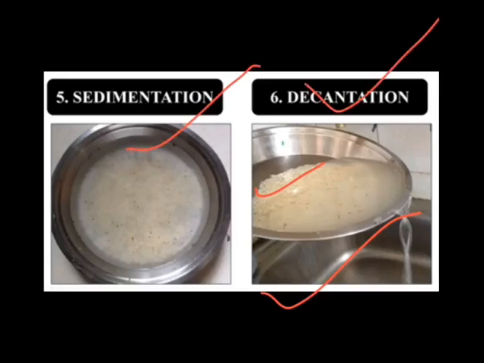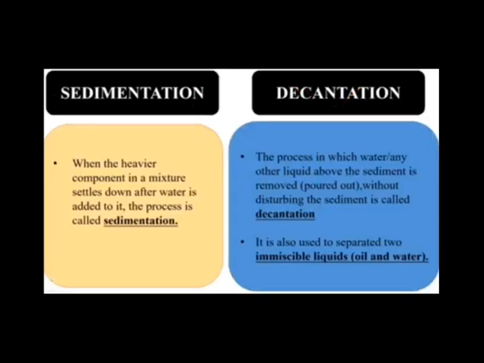So what is sedimentation? When the heavier components in a mixture settle down after water is added to it, the process is known as sedimentation. And what is decantation? The process in which water or any other liquid above the sediment is removed or poured out without disturbing the sediment is called decantation.